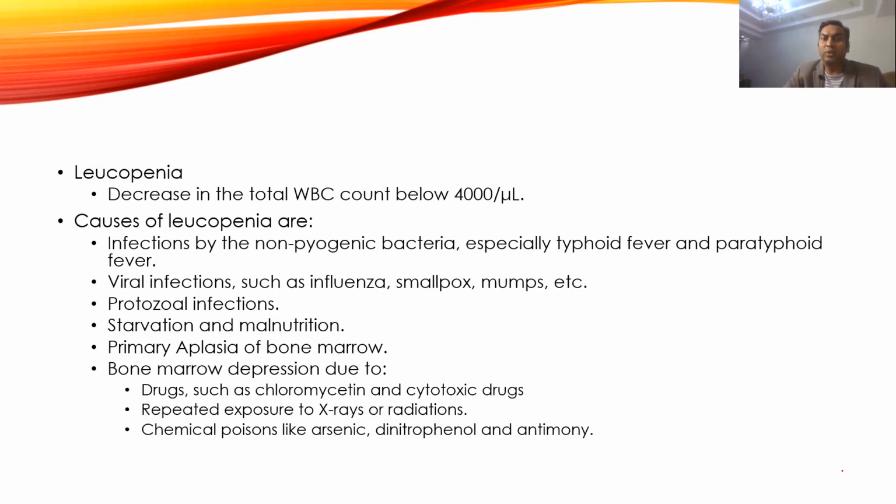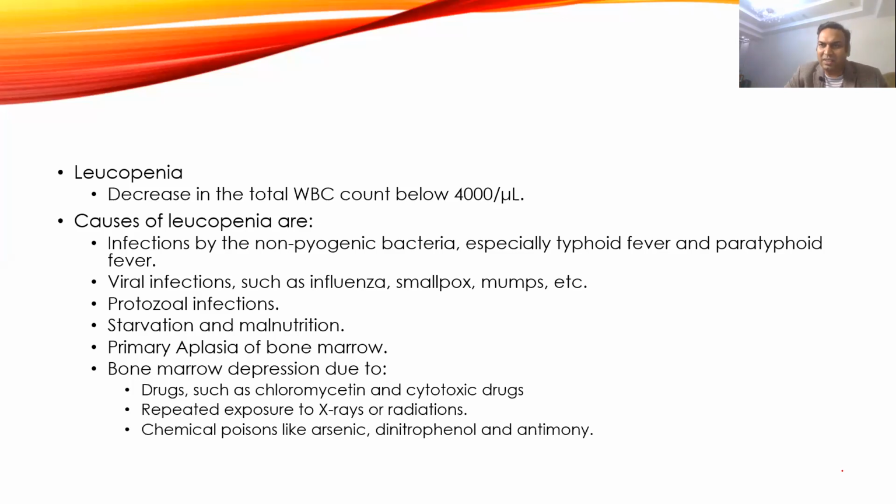Okay. Then come to the decrease in the count. A decrease in the count is called leukopenia. There is no physiological cause for leukopenia, so whenever there is a decrease in the count, it is always pathological. Many infections, as I already said, enteric fever, that is typhoid fever and paratyphoid fever, cause a decrease in WBC count. Then viral infections like influenza, smallpox, corona cause a decrease in WBC count.